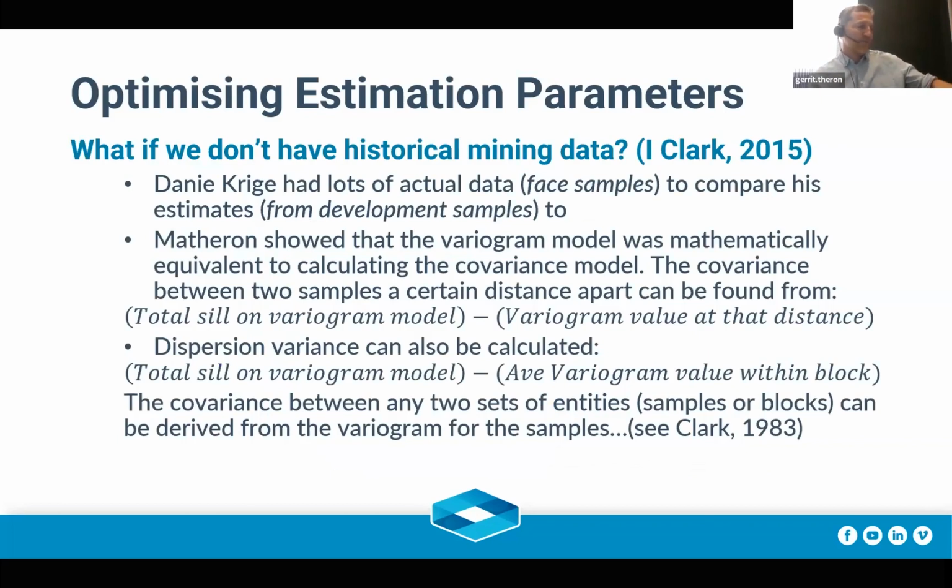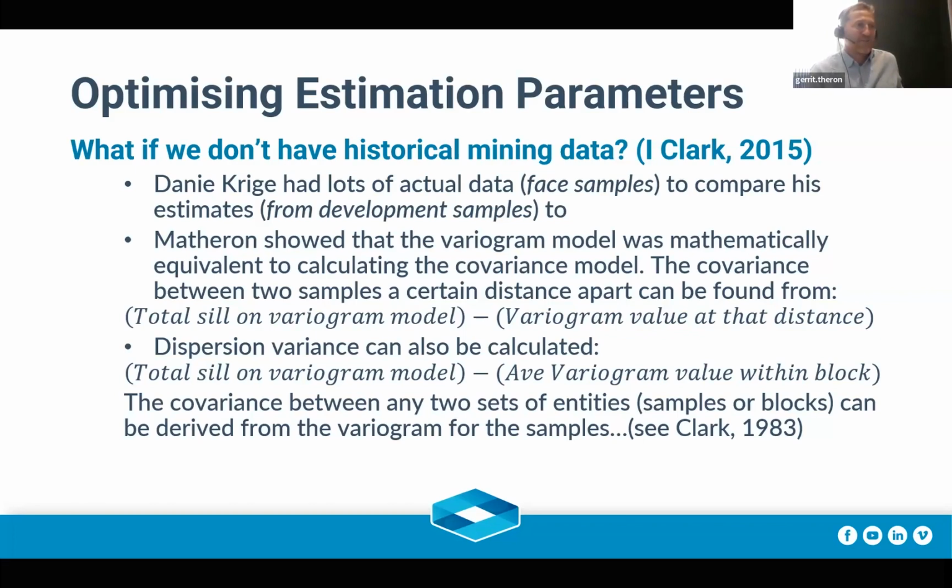So we kept on mentioning true grade and actual grades in our definitions. What if we don't have true historical mining data? This explanation I found in Isabel Clarke's paper of 2015, and it's probably the easiest for me to understand. Danie Krige had lots of actual data.